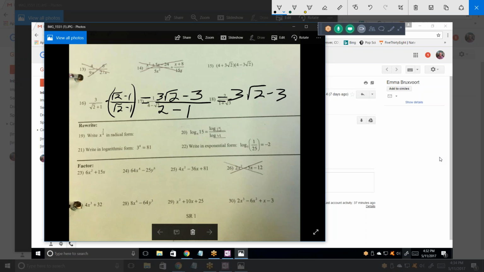Yeah, I have the answer key. Just check the key, make sure that's what they give for an answer. They could give a factored answer. In other words, I could factor that out, and it's 3 times root 2 minus 1. But I suspect their answer is going to be 3 root 2 minus 3. Let me quickly check. Hold on.